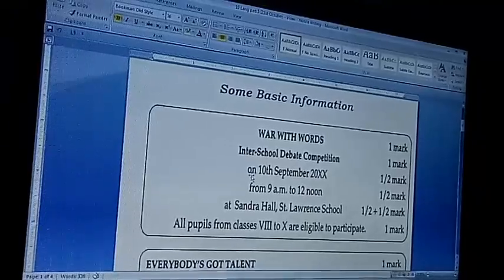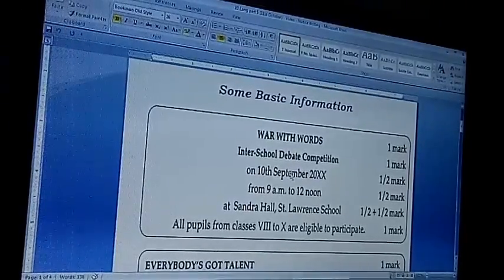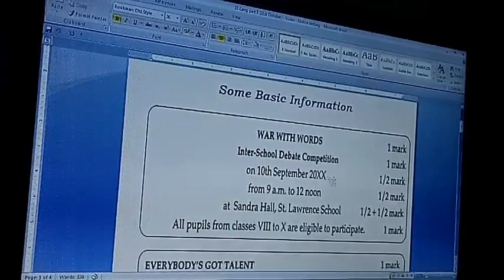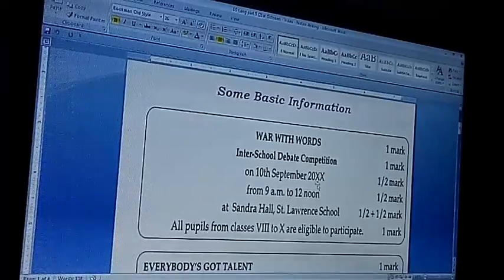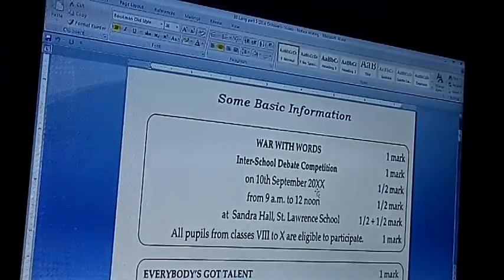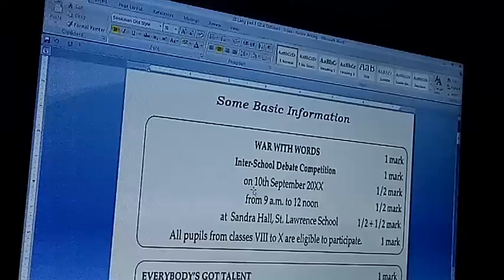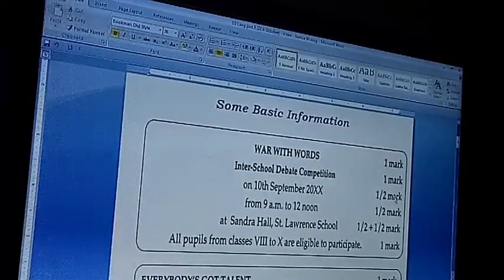Now this is the date, 10 September 20 dot dot, which we understand because this is an example, this is a format. For this line you get half a mark.